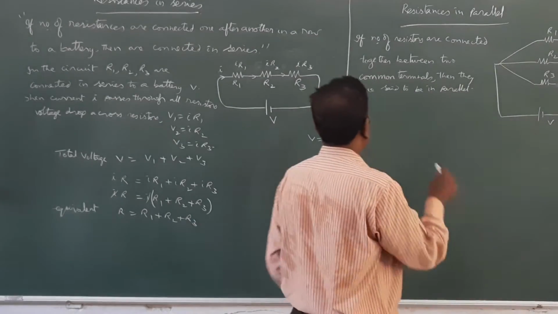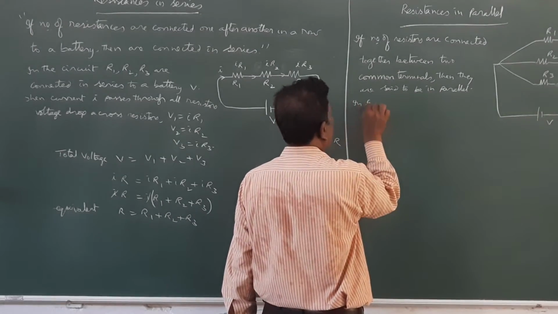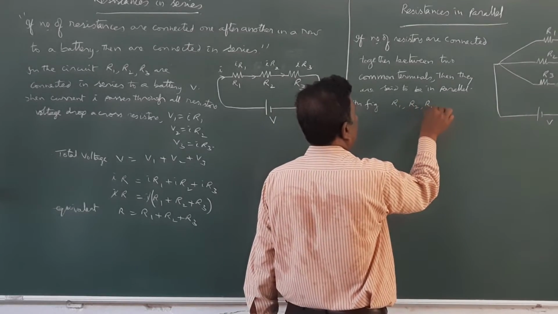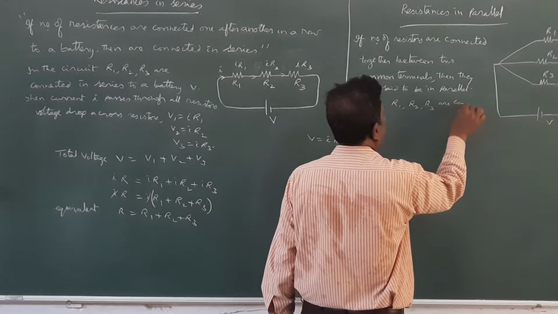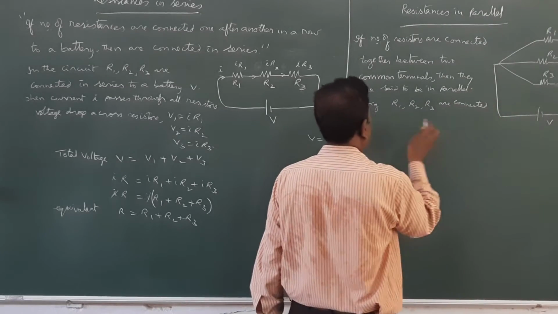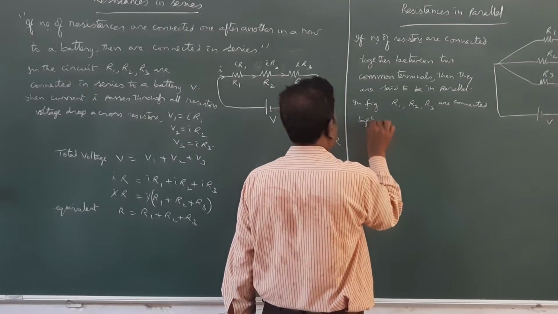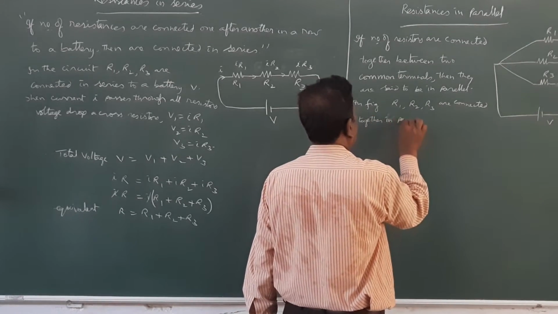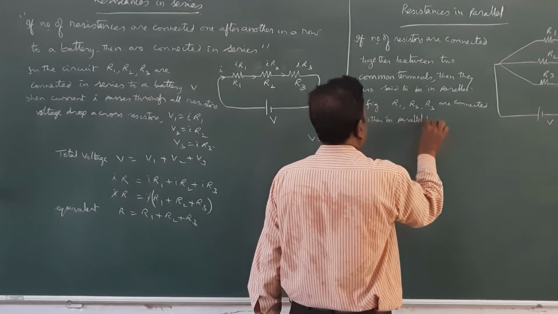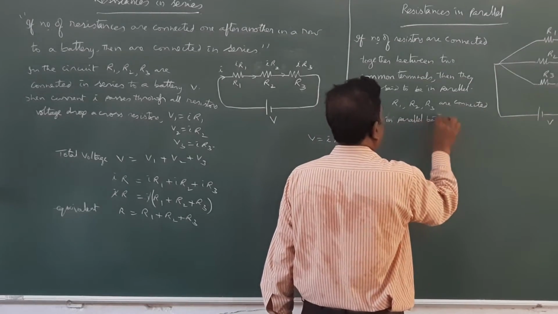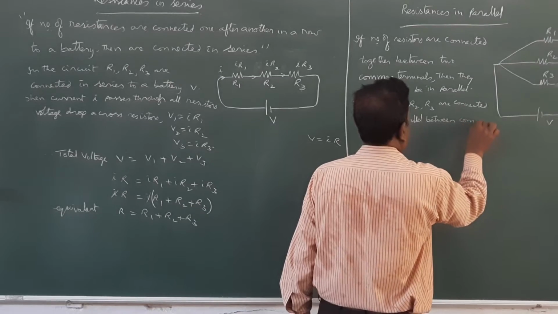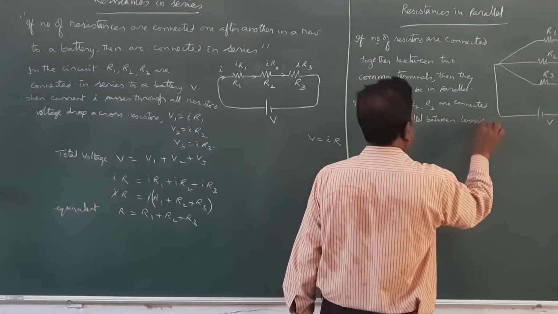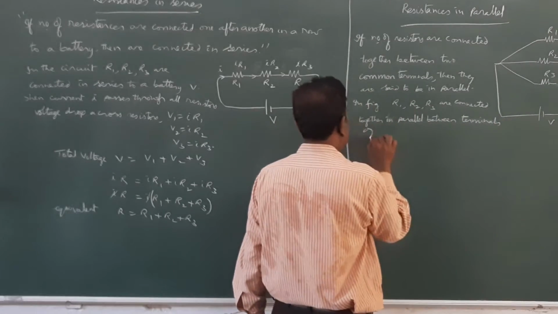So in this figure, resistances R1, R2, R3 are connected together in parallel between terminals of the battery.